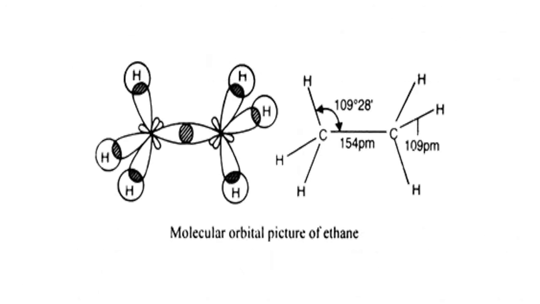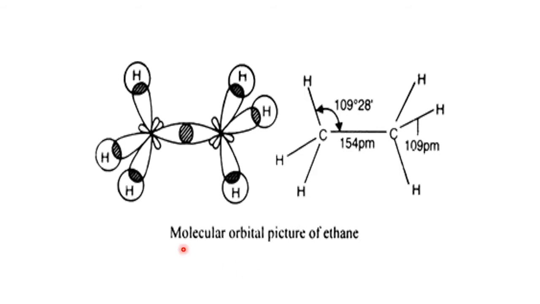Now methane we understood. How to understand ethane? What is the formula for ethane? It is C2H6. So in ethane there are two carbons, and each carbon will undergo sp3 hybridization. So two carbons with sp3 hybrid orbitals come close.